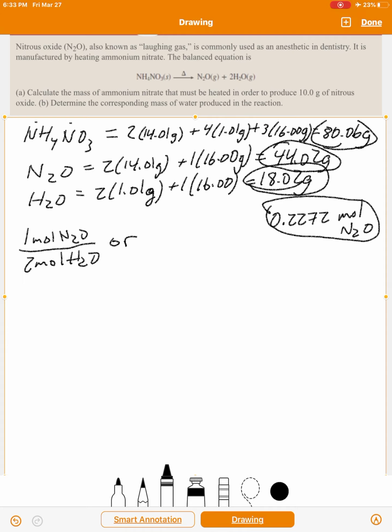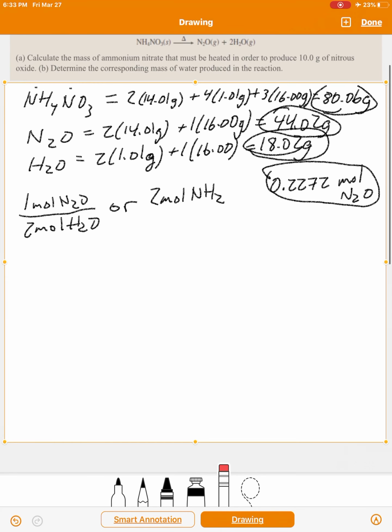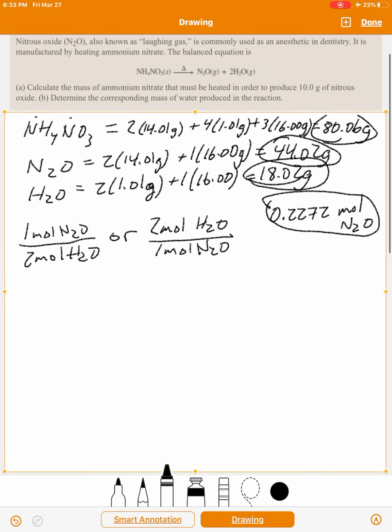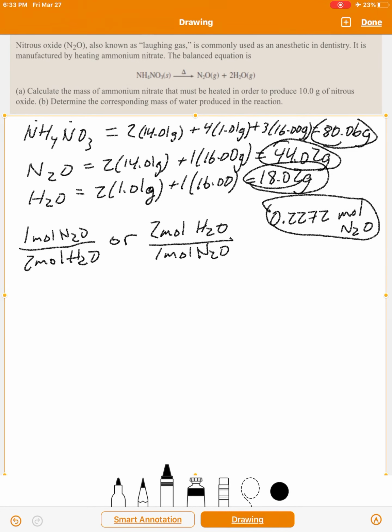Or, put a different way, every time 2 moles of water are produced, 1 mole of N2O is produced. That's a little typo there, right? It's a 2-to-1 ratio. So that ratio cannot change.